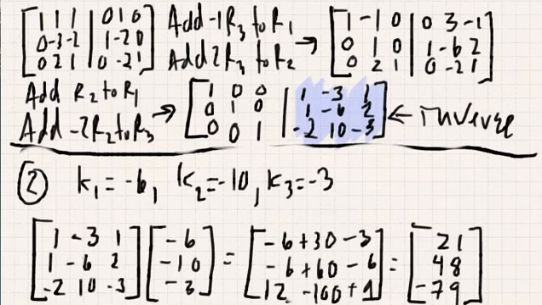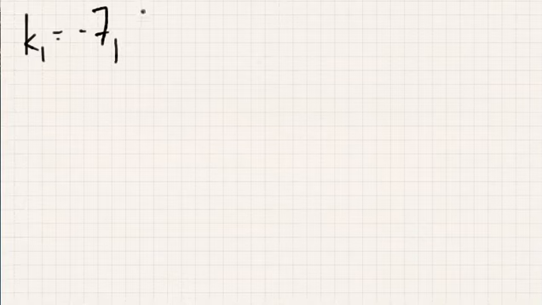But what's the point here? The point here is, let's pretend that I got the right answer. After I do this, the book then gives me a couple of different values for k. It then gives me k1 is equal to negative 7, k2 is equal to 0, and k3 is equal to 9.